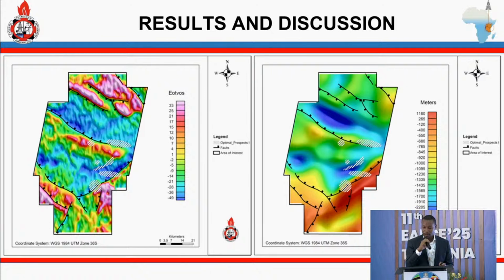And if you see the depth of the sediments around those areas, we have a good depth of up to 4 kilometers. And that indicates where we're seeing these alterations, the areas where, even from a geological and structural point of view, we are trying to continue with our exploration work.